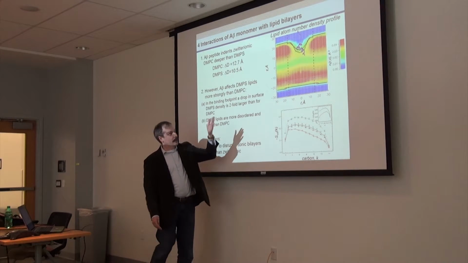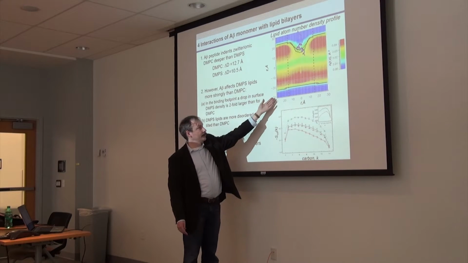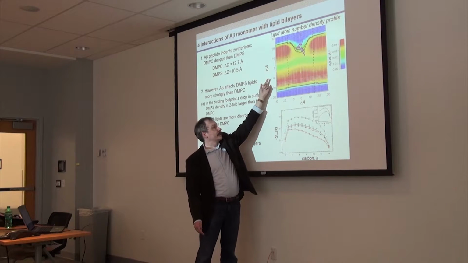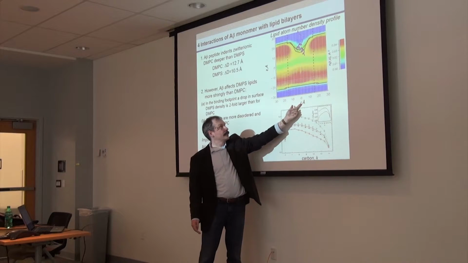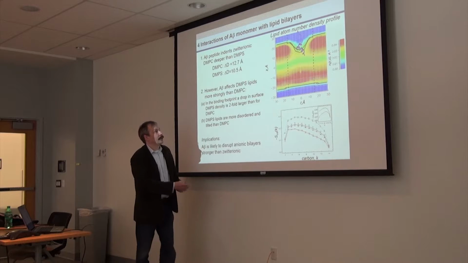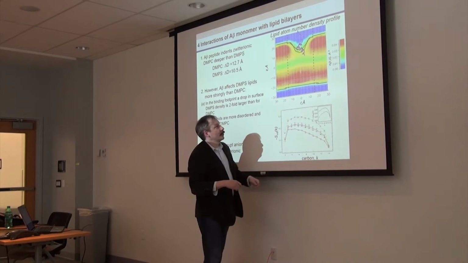Colors indicate density: the red one is high lipid density, and the blue corresponds to low lipid density. There are two variables. Z is the distance to the bilayer midplane, and R is the distance to the center of the bound peptide. So far away from the bound peptide, you have a normal bilayer.